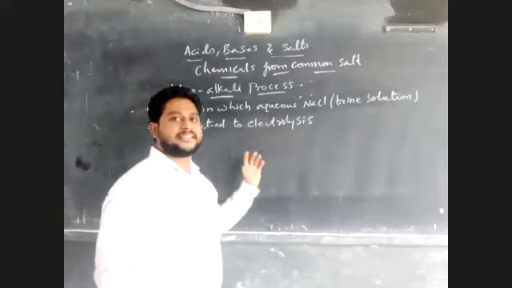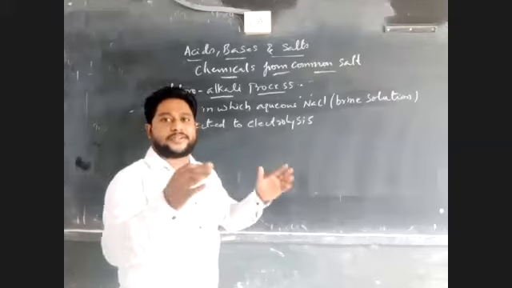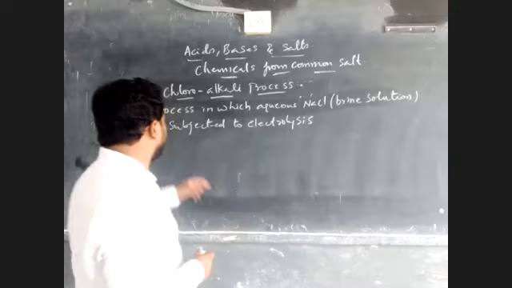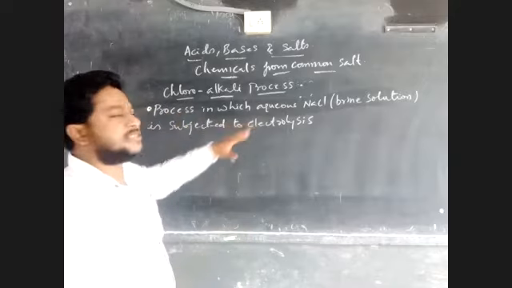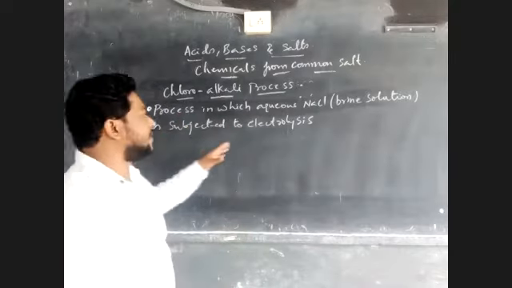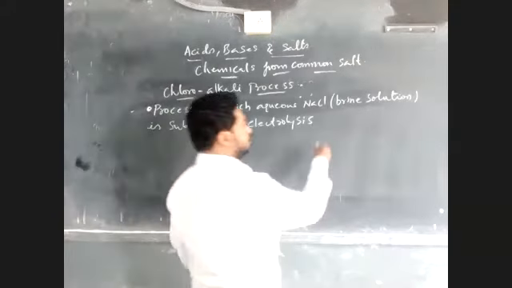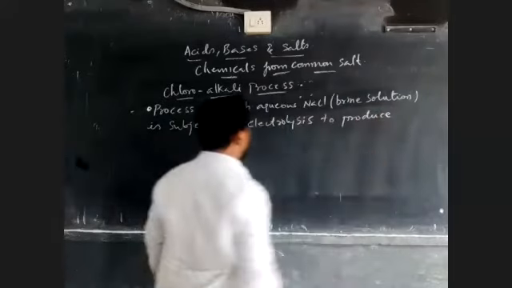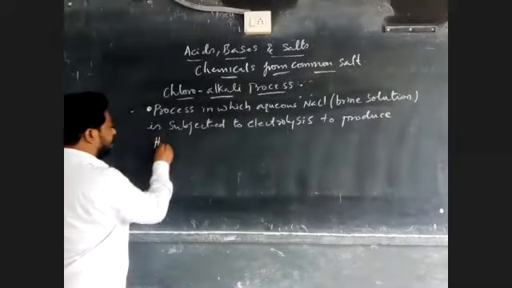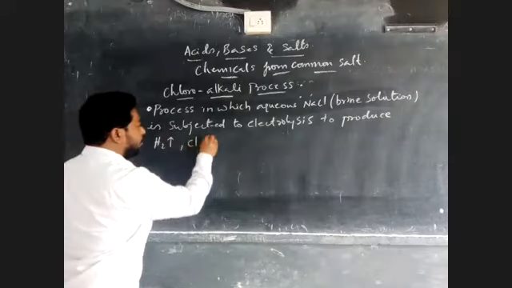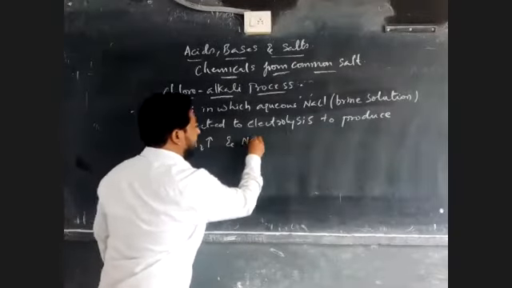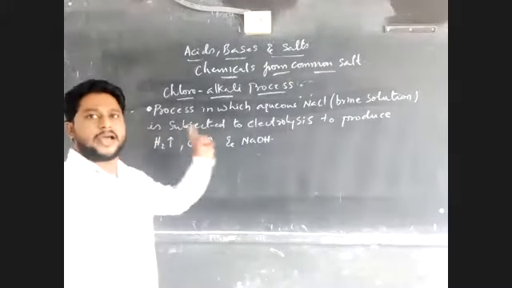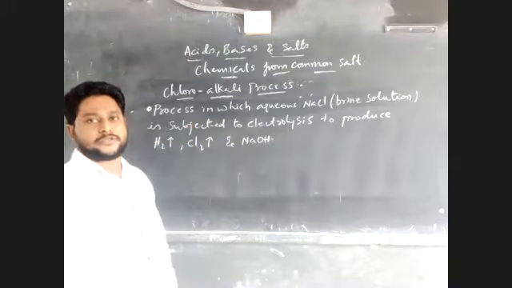Electrolysis means by passing the current, it is going to split. Electro means current, lysis means split. So the process in which aqueous NaCl brine solution is subjected to electrolysis to produce hydrogen gas, chlorine gas, and NaOH is called the chloroalkali process.